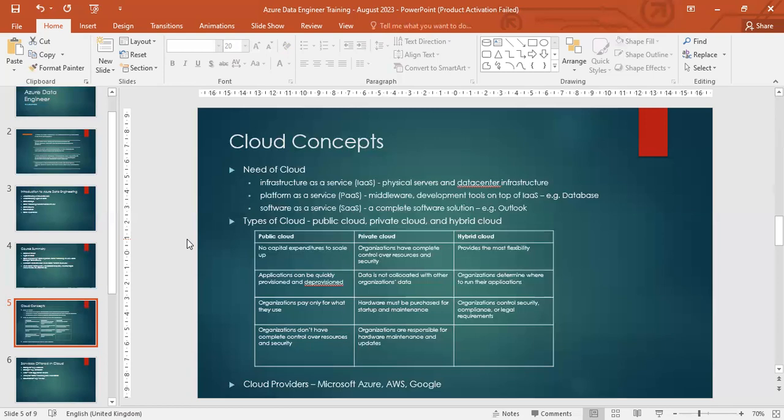Also, all these physical servers you need to maintain and monitor on a regular basis. So the actual infrastructure to store those physical servers, the electricity associated with that, the maintenance associated with that, all that you need to manage as an organization. The whole responsibility lies with you.